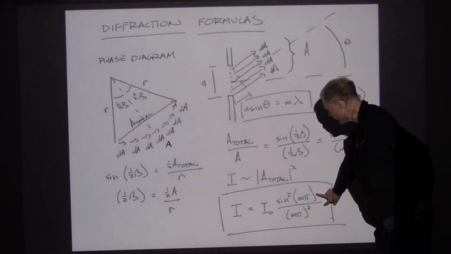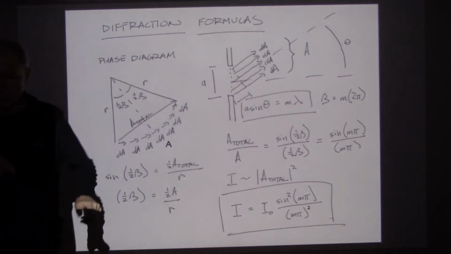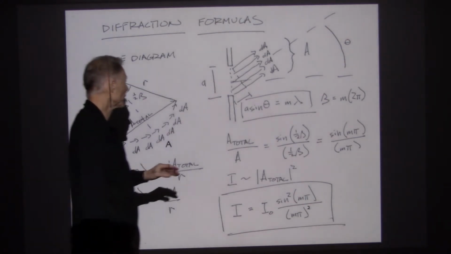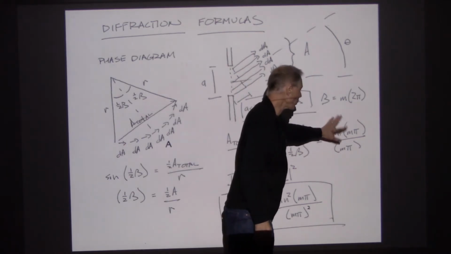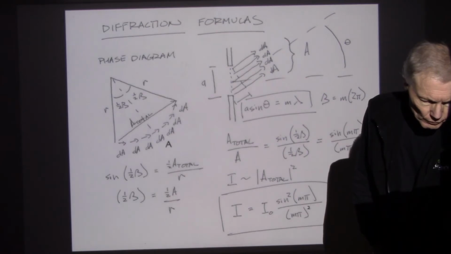So that's where our intensity formula is coming from. Now our intensity formula that I'm using is written in terms of m, and it could have been written in terms of beta. So you'll see this written as beta, or you'll see it written in terms of m pi.